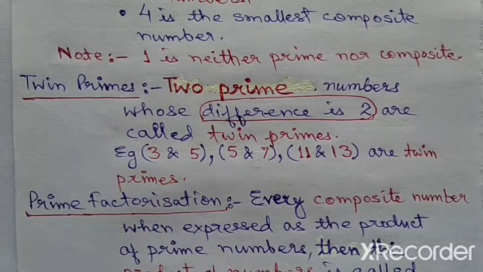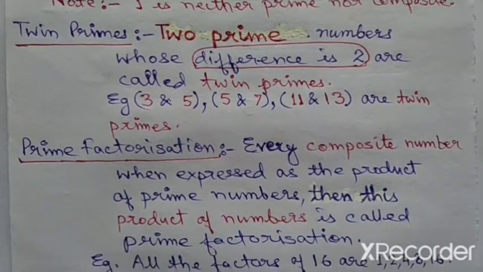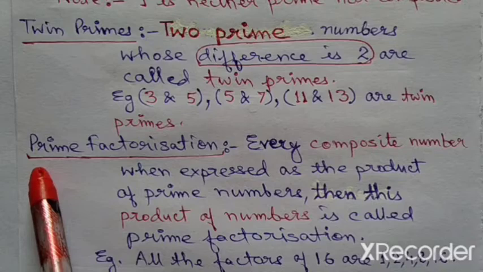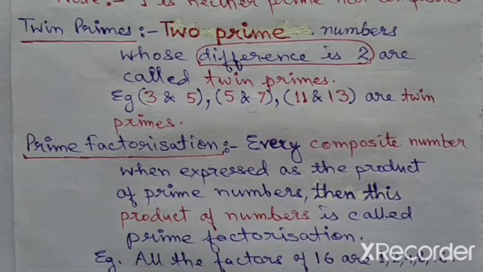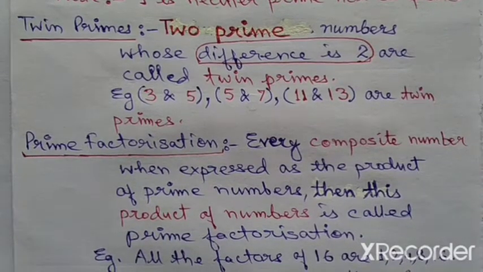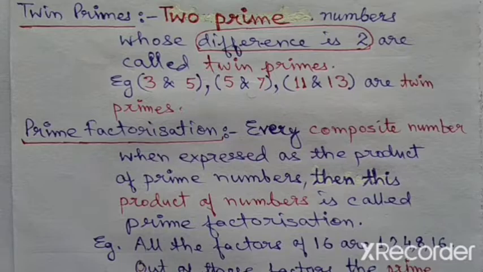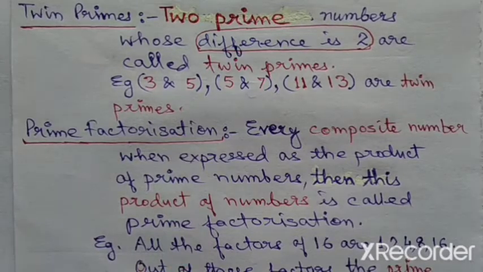Now children, next topic, that is prime factorization. A very important topic. If you do not understand it, you will not understand how to find the HCF or LCM. It is very important to understand the meaning of prime factorization.